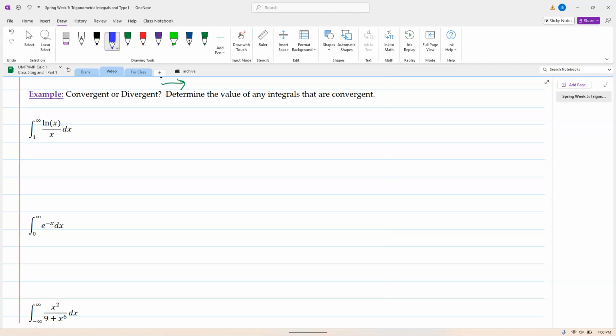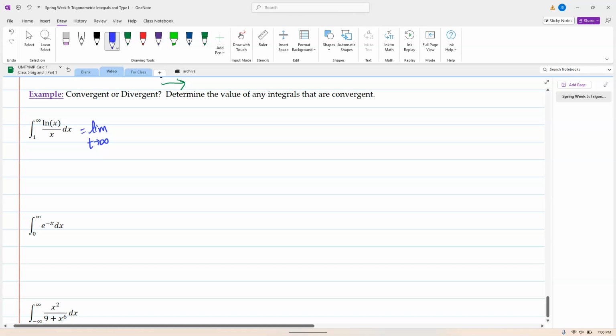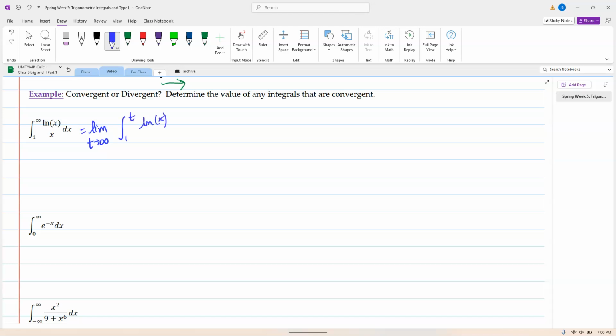Okay, so beginning with this one, I'm going to do equals the limit as t approaches infinity of the integral from 1 to t of natural log of x over x dx. Okay, and you can do u substitutions with these still, so you could let u equal ln x, and then du is equal to dx over x.